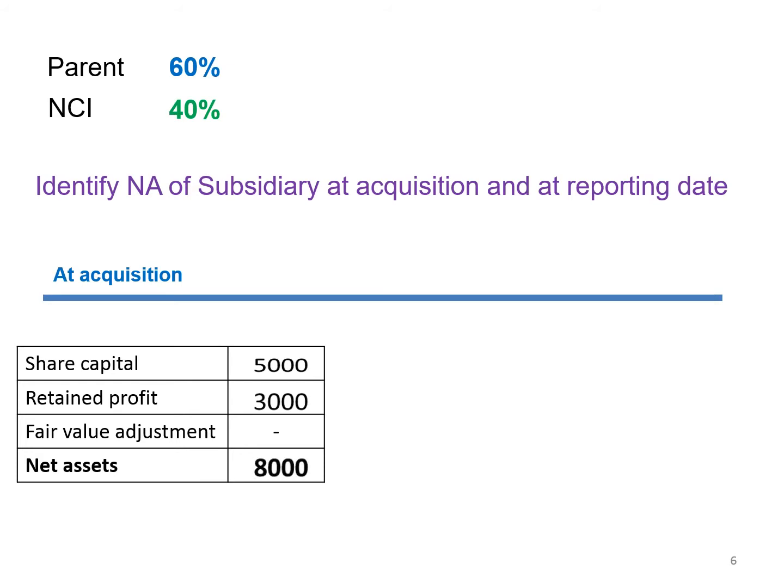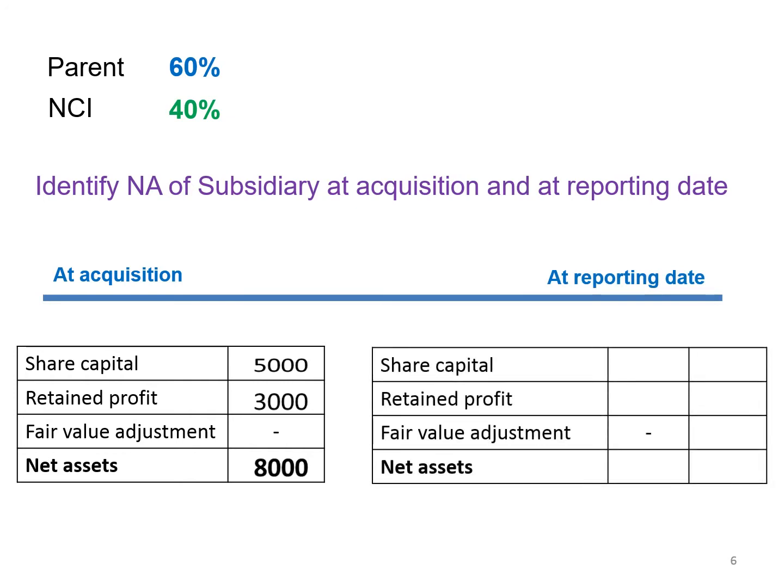So net asset as of the date of acquisition is 8,000. Then you will see what is the net asset of Beta as of the reporting date. As of the reporting date, if you look at the Beta company's individual statement of financial position, share capital is unchanged, is still 5,000, but retained profit has increased from 3,000 to $11,000.